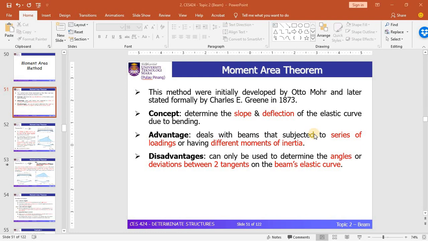And if you have different cross-section sizes along the beam, this method can also be used, since different sizes give different moments of inertia, the I value. The disadvantage is that it can only be used to determine the angles or deviation between two tangents on the beam elastic curve.